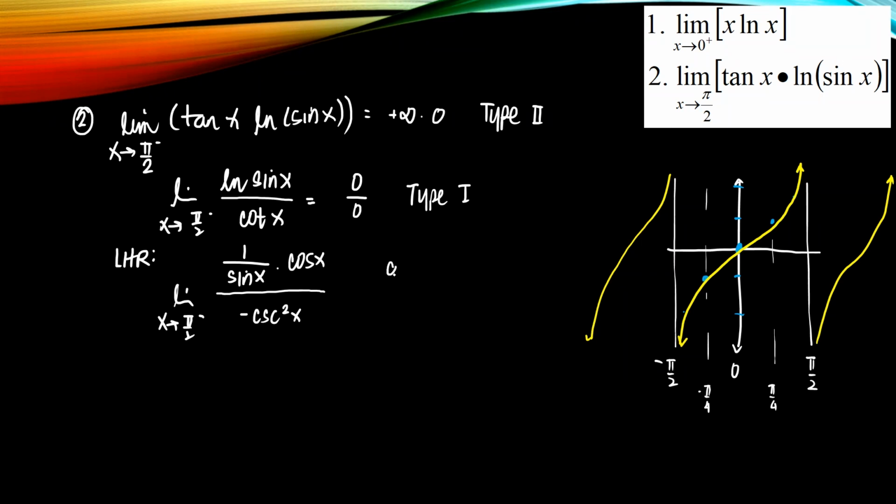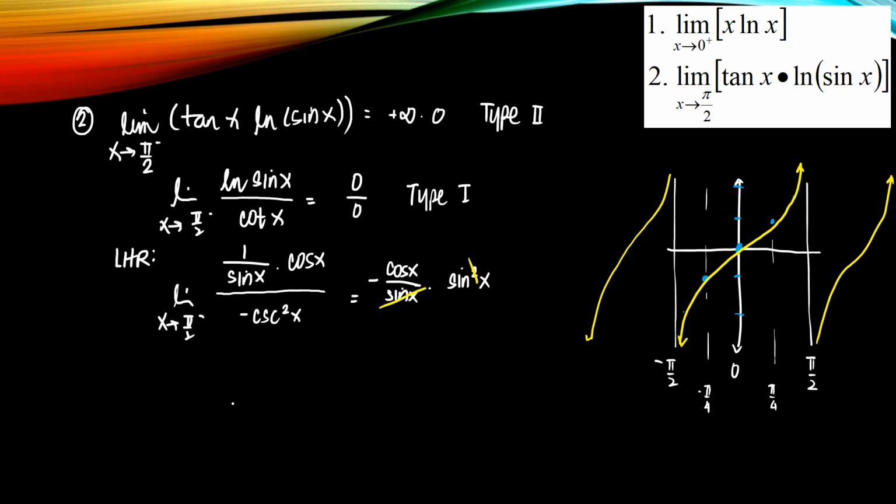This one is cosine over sine. Cosecant squared, guys, if I put this on top, what will it be? Am I correct that it's sine squared x, and then let's just put the negative in front? Am I correct here? And then I can simplify the whole of sine x and then that one.